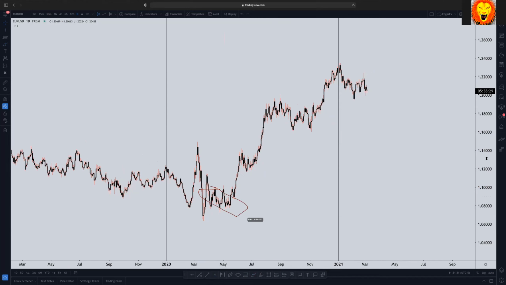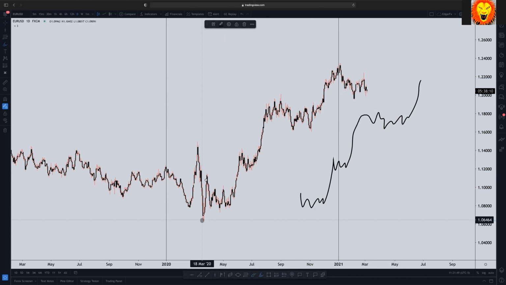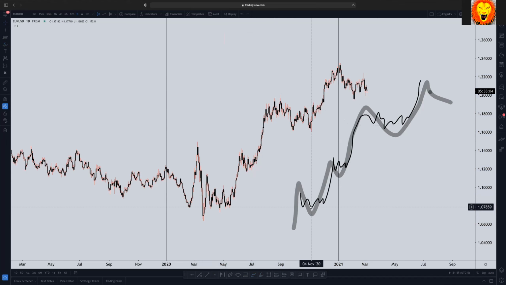It went here, it went here, then it went here. So balance, imbalance, balance, imbalance, balance, imbalance. You could take that information or you could simplify that data. It's all the same picture.